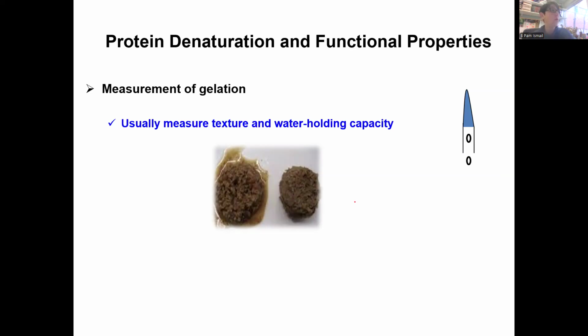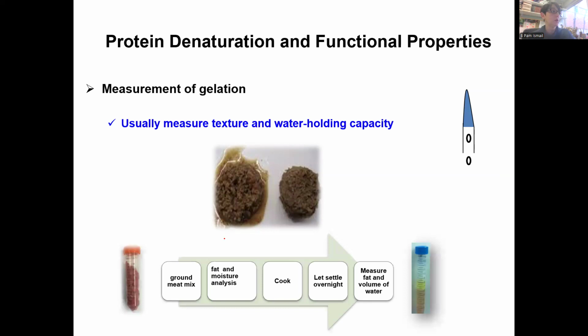And the way we do it is we put a certain amount of meat composed with or without whey protein, and we cook it and we let it settle, and then we see water and oil separated, and we measure the amount of water loss and oil loss with and without the protein.